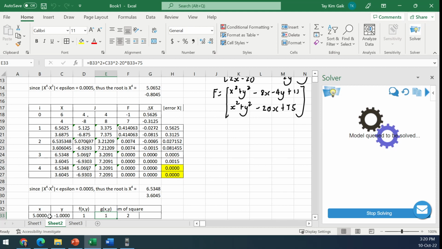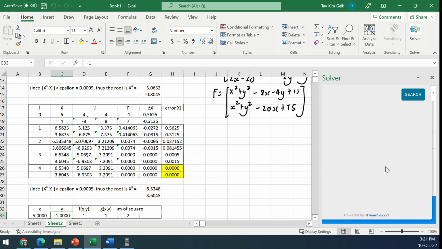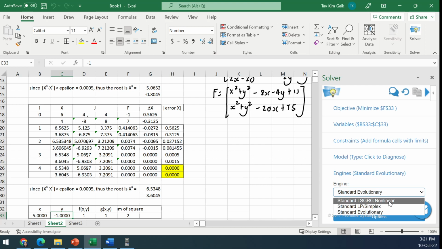So I find -1 here. Because just now the first engine cannot obtain the correct answer, I try to change to the second engine, which is the second algorithm. Also not correct. Oh, not all solvers have upper and lower bounds. Evolutionary cannot. Nonlinear, automatically. Or we choose here to automatically select the engine.